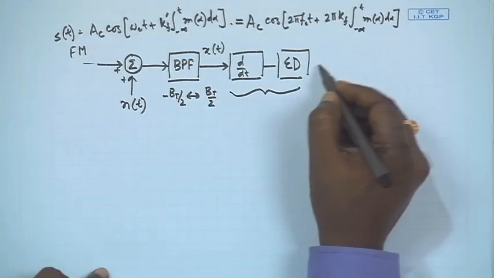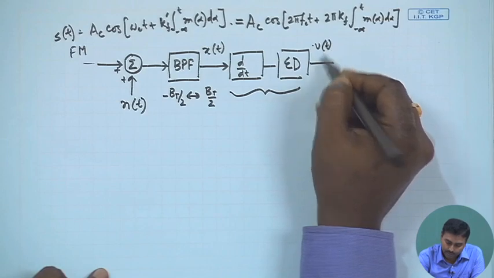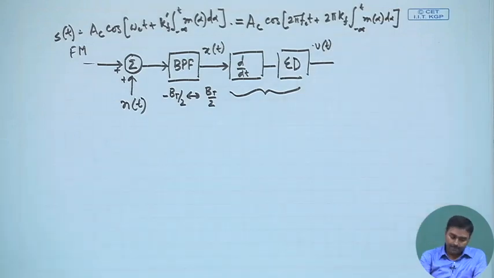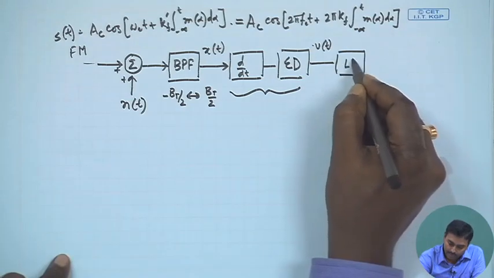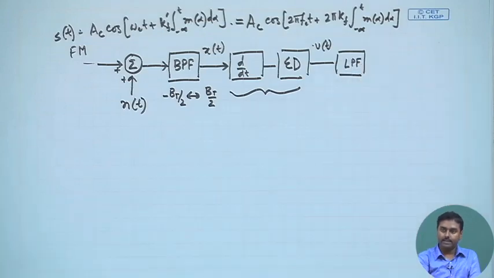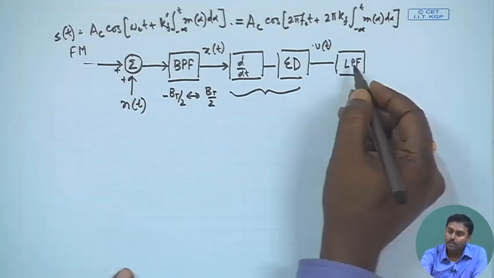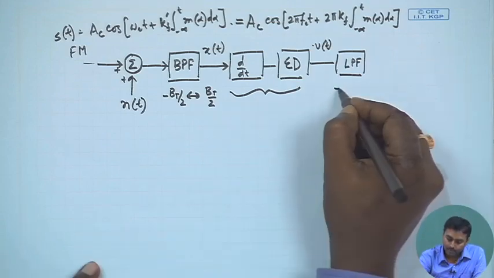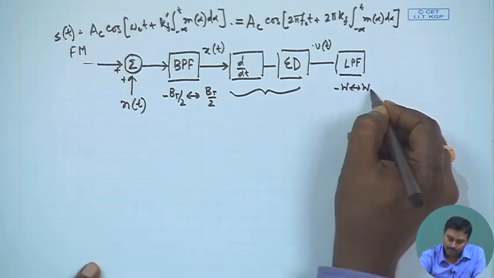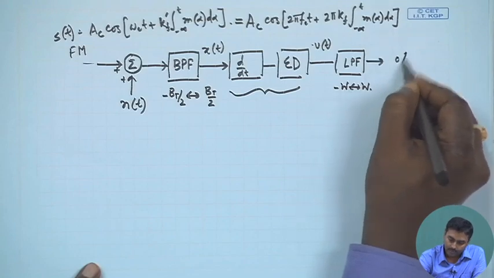Okay. So, after that let us say we get v(t). After this in FM demodulation, as will be clearly understood from the noise analysis, we also need to employ low pass filtering. You will see later on why that is required. This low pass filter is just of the message signal band, so it goes from minus W to plus W, and after this we get an output.